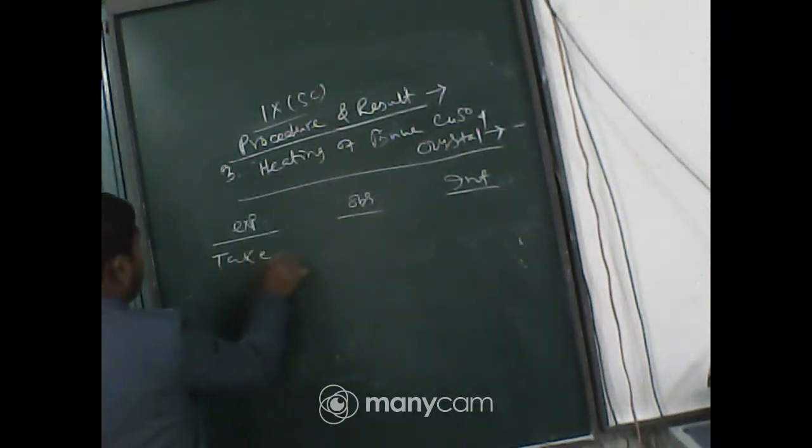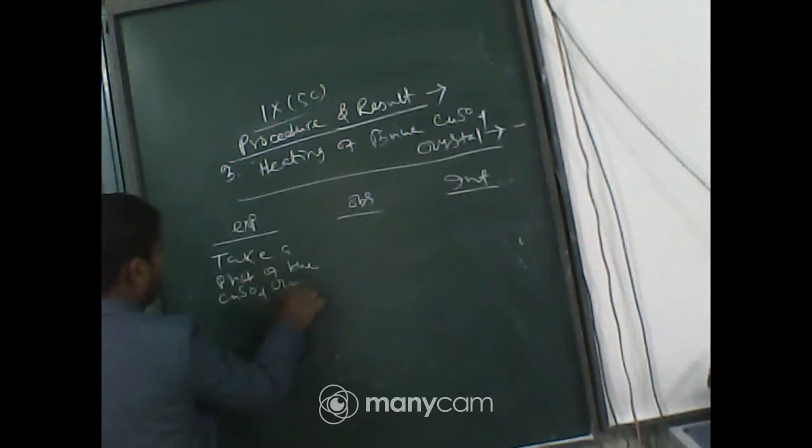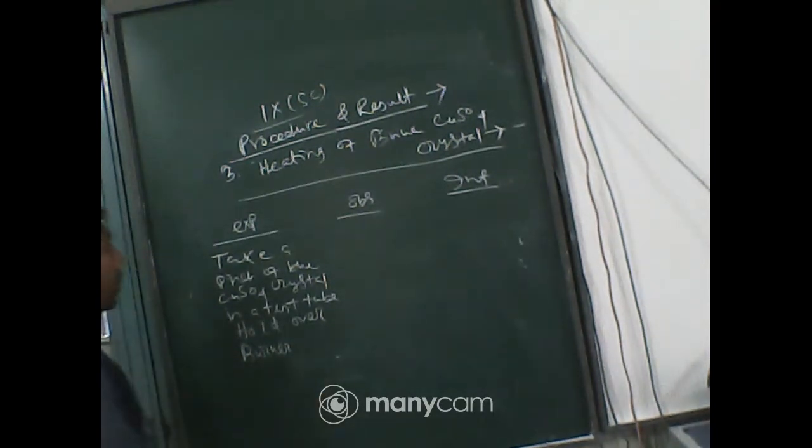Take a pinch of blue copper sulphate crystal in a test tube, hold over a Bunsen burner, or hold over burner.